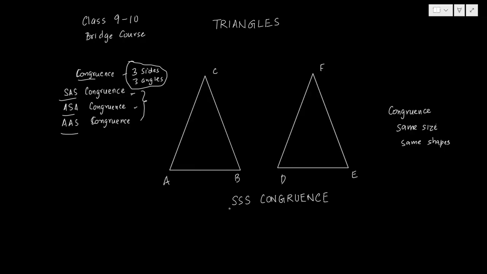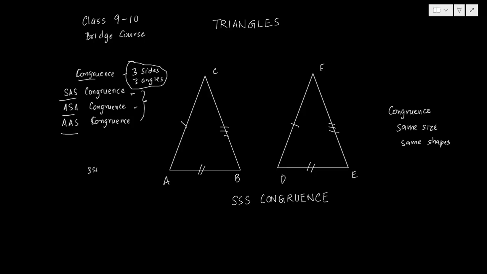Okay, now next we come to what is called the SSS congruent rule. Easy. If side AC equals side DF, side AB equals side DE, and side BC equals side EF, both the triangles are congruent.